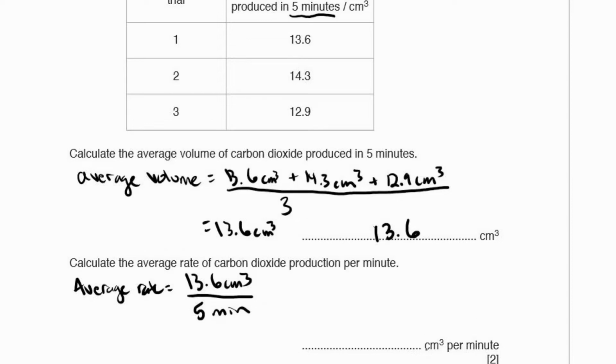And here it says centimeters cubed per minute, not per second, so you don't need to even convert it into seconds. Okay, when you type that into your calculator, you get 2.72 centimeters cubed per minute. Okay, and you can either leave it as 2.72 or you can just put it as 2.7. 2 or 3 significant figures is just fine.